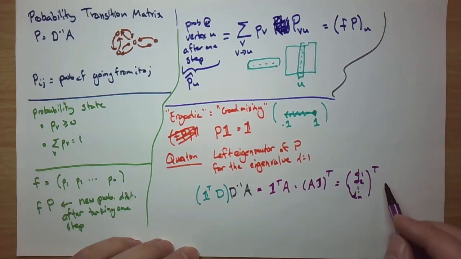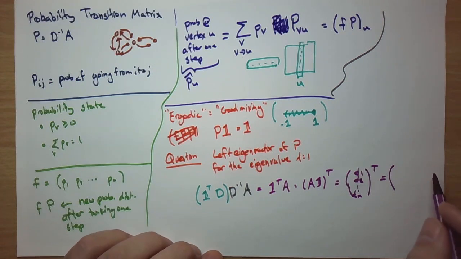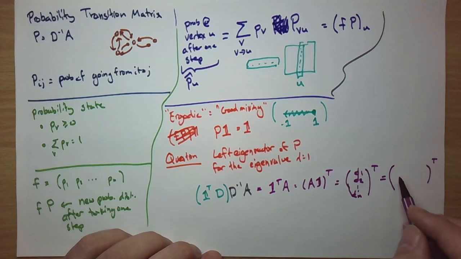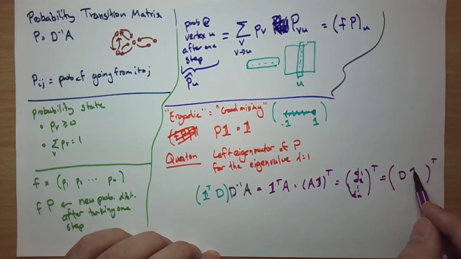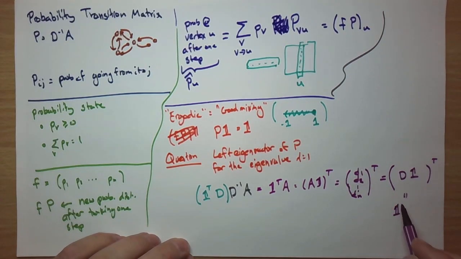But what's another way to write that matrix? 1 transpose D. It's D times the 1. And of course then taking the transpose, this is 1 transpose D.